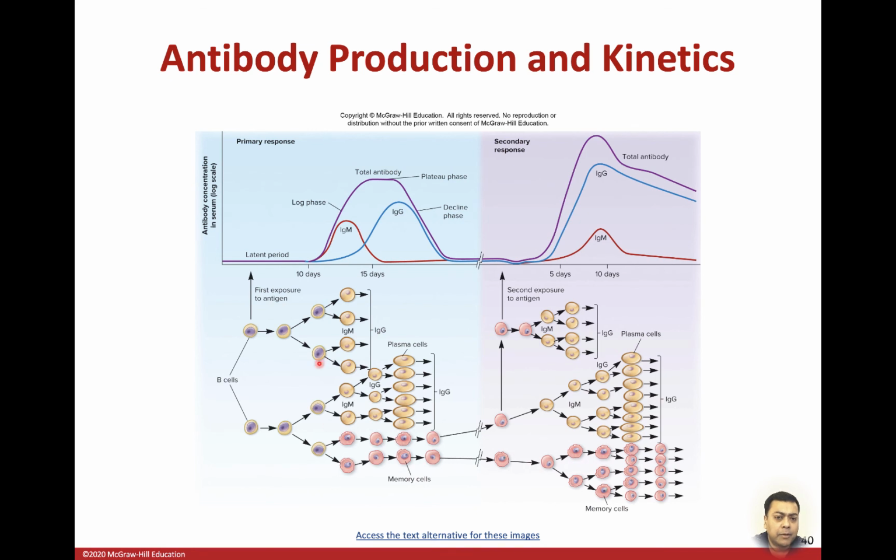Here you can easily see that this is a B cell which will proliferate, and it will secrete IgM first, and then switch from IgM producing cells to IgG producing cells. It is the same cell that will produce the IgG, and at this time they will be converted into plasma cells, and the plasma cells produce IgG in a very large amount. What is the difference between these two?